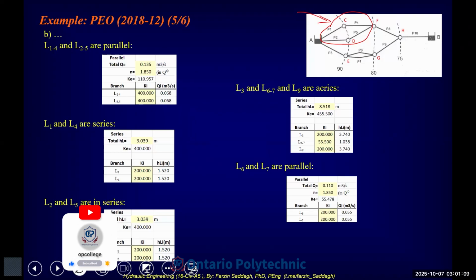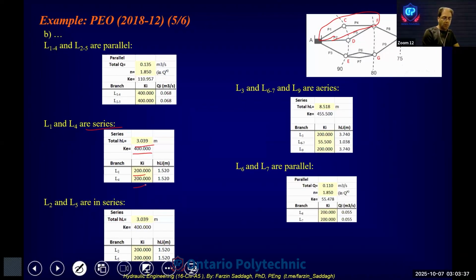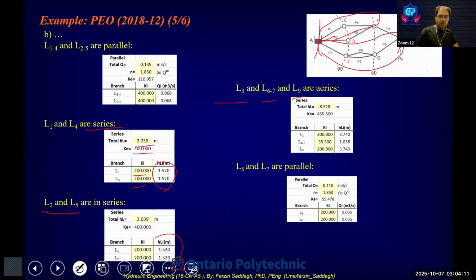Because for each pipe we have these values for K, finally head loss for each one is 1.5. Also for L2 and L5 we have the same situation, and the same head loss for P2 and P5. Okay, then continue on this part. L3, 6, 7, 9. We calculated the head loss between A and H.